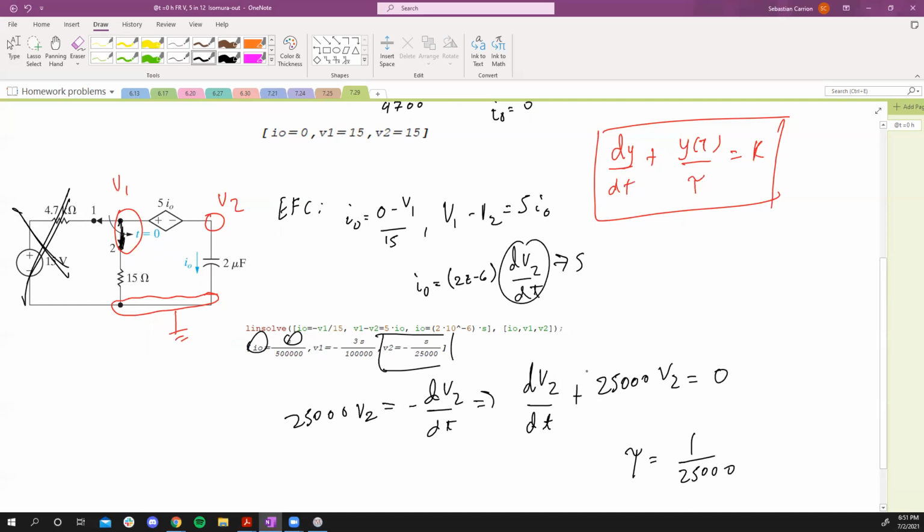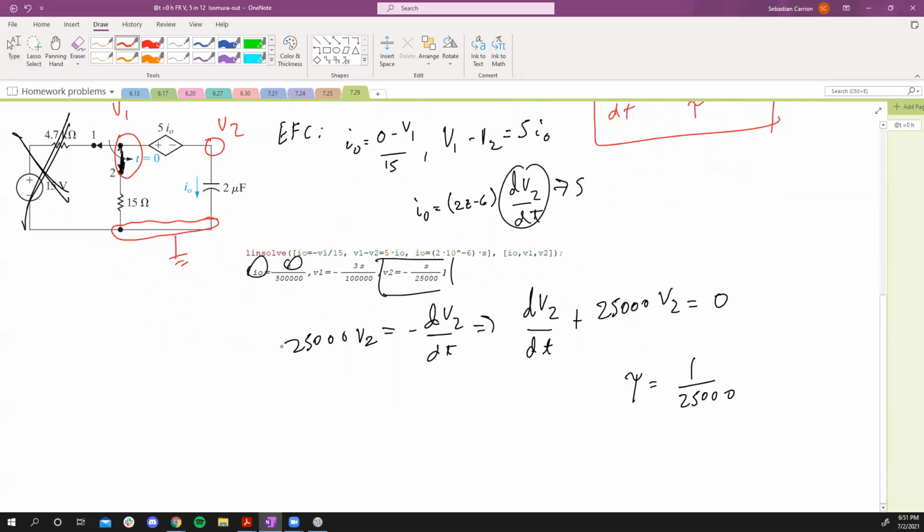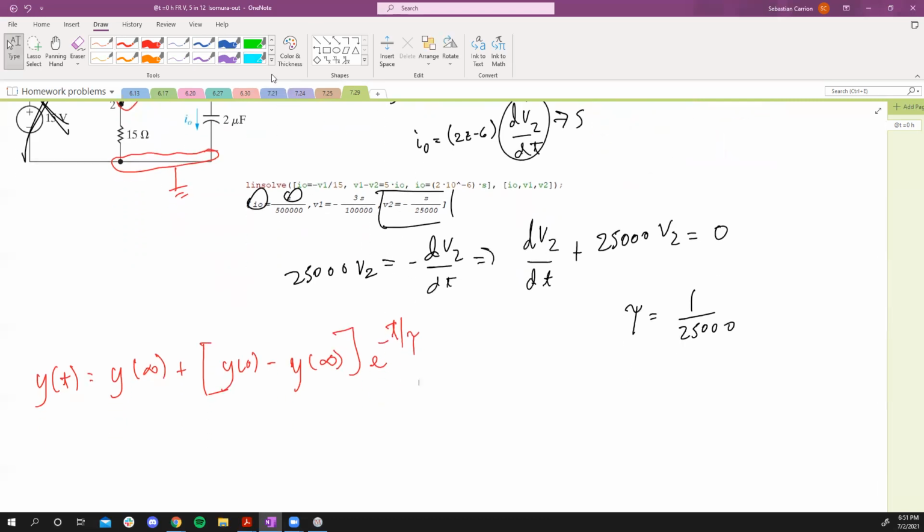And so then we go to our next equation, which is y(t) equals y infinity plus (y0 minus y infinity) times e to the negative t over tau. So use V2 here, right?